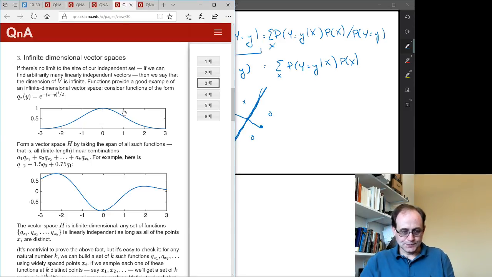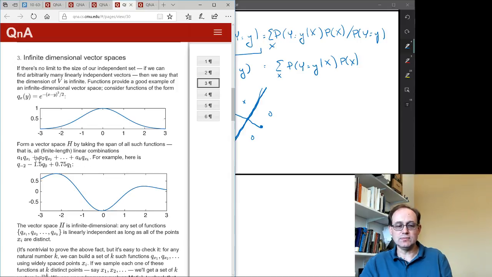All right. So now we can form a vector space by taking the span of every such function, right? Meaning that we can take linear combinations of q sub x1, q sub x2, up to q sub xk for any x1 through xk. So every element of this vector space is obviously a function because it's a sum of a bunch of functions. And it's well defined, right?